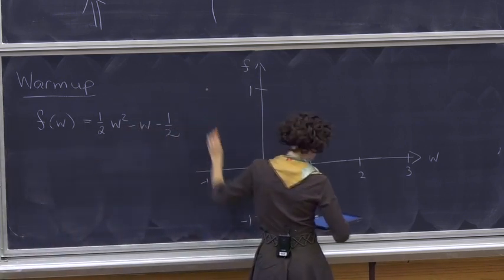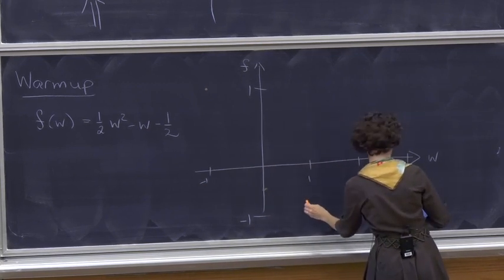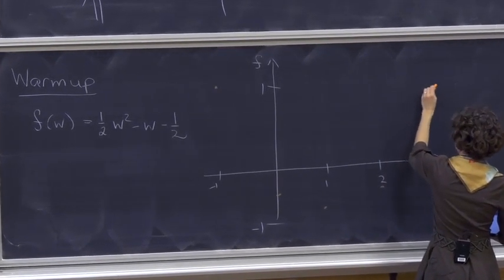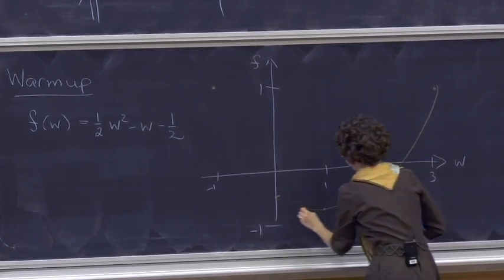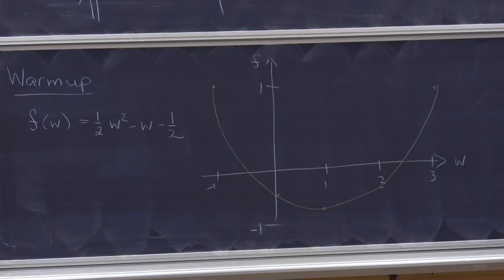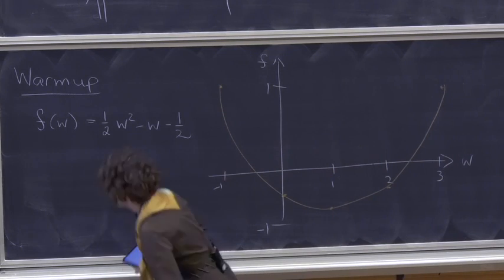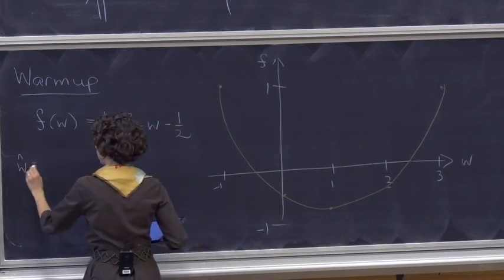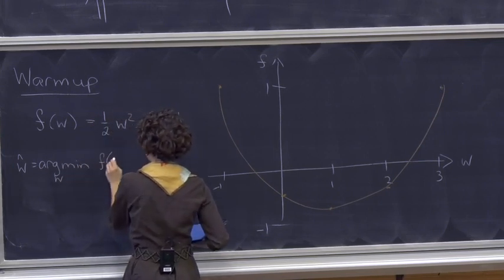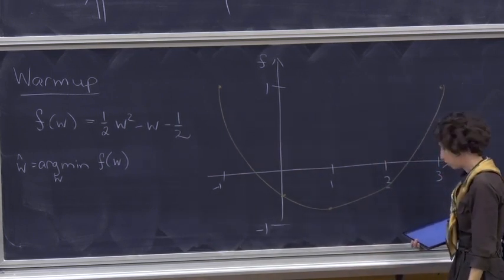And I think it's something like this. Okay, so this is my function f of w. And what I'd like to be able to do is to find w hat, which is the argument w that minimizes f of w. So we can eyeball this and say that it looks like it's equal to 1.